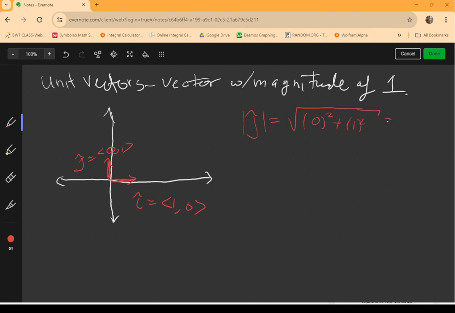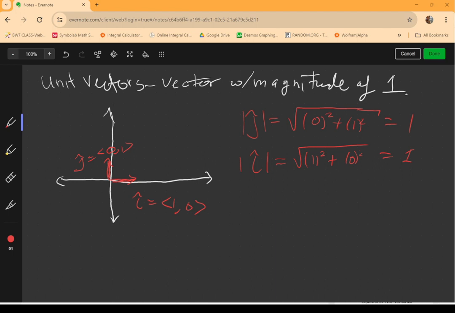That is 0 squared plus 1 squared, and the root of 1 is 1. The magnitude of I hat is the square root of 1 squared plus 0 squared, which again is 1.